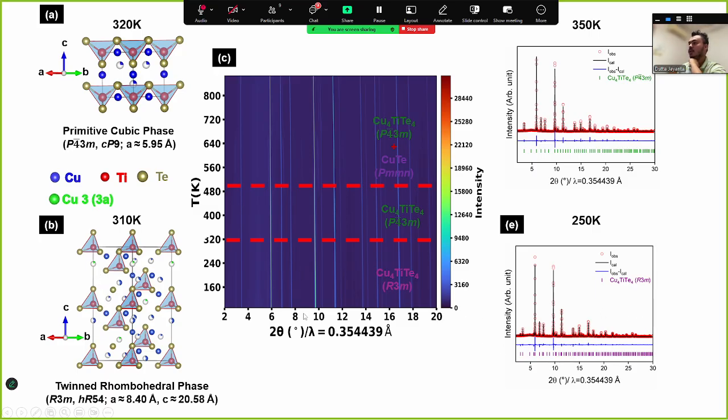We have synchrotron data at different temperatures. Still at 320, the rhomboidal phase is coming, and after that the cubic phase. After about 480 Kelvin, the phase slightly decomposes, forming a few copper telluride. And here I show the Rietveld refinement of 250 and 350 Kelvin data.